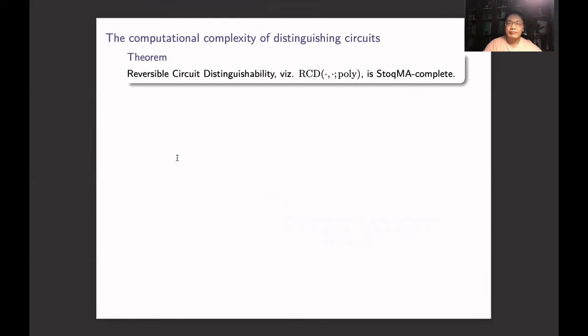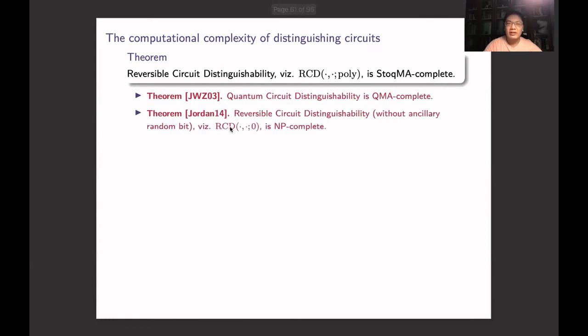Here's the result we have. First, the main theorem: reversible circuit distinguishability, namely with polynomially many plus ancillas, is StoqMA complete. It's a bit surprising because distinguishing quantum circuits is QMA complete. Also, by Jordan, we know distinguishing reversible circuits without ancillary random bits, namely plus ancillas, is NP complete.